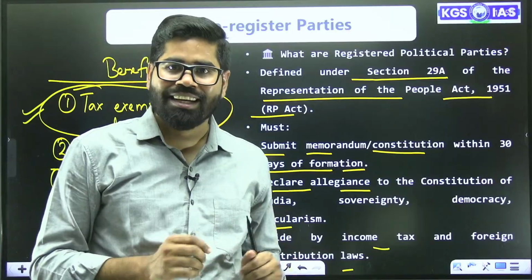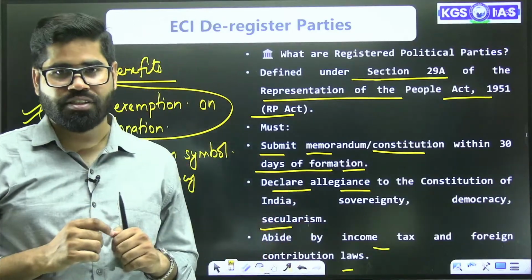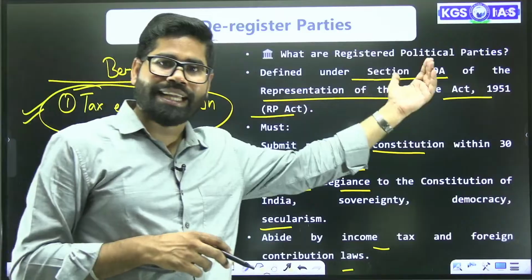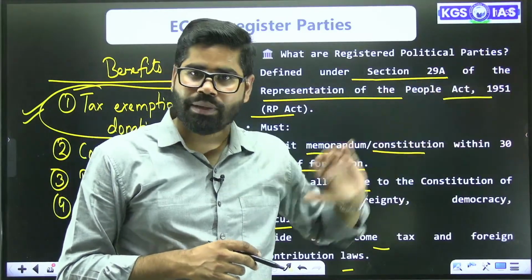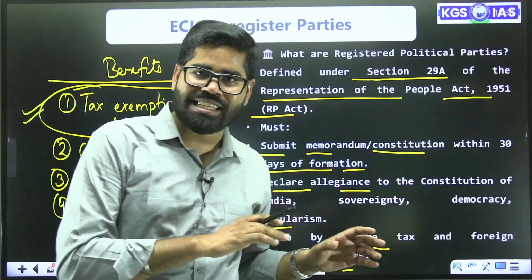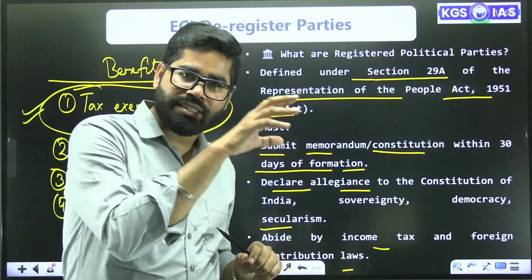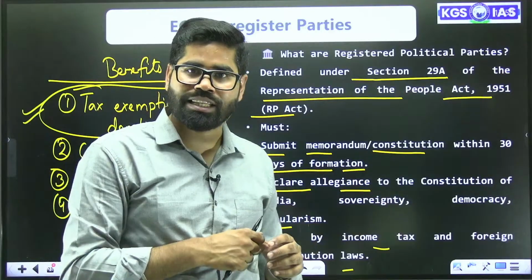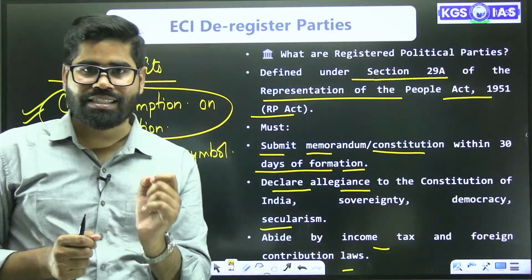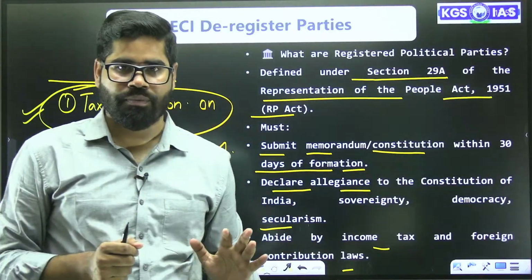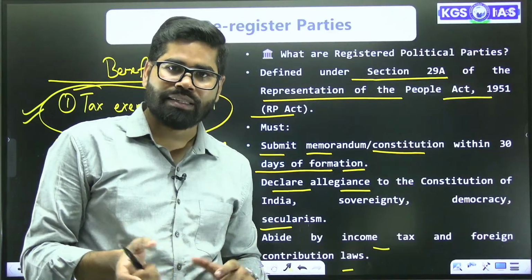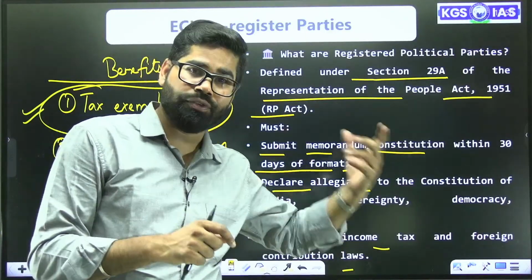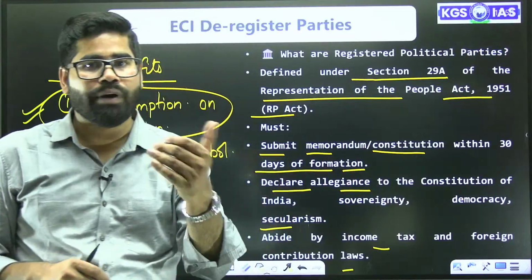who are there, they are not contesting the elections. Now let's say some of them are taking part in panchayat elections, some in others. But what has been seen is that from 2019 to 2024, there are 345 political parties which have not contested even a single election, and at the same time, at their office location, they cannot be found.